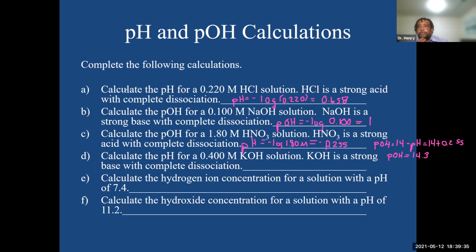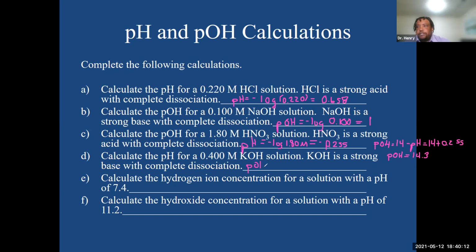Okay, what about the next one? Calculate the pH for 0.400 molar KOH solution, potassium hydroxide solution. Is it basically the same thing where we do the negative log of 0.4 and then subtract it from 14?